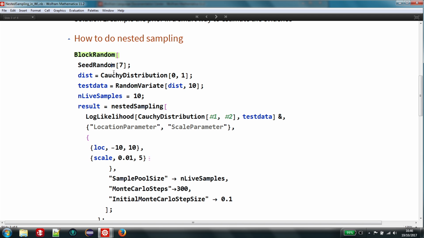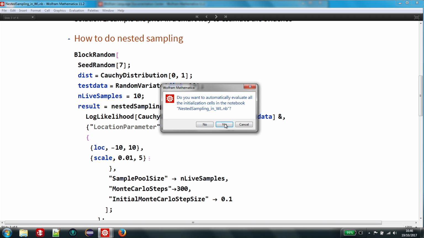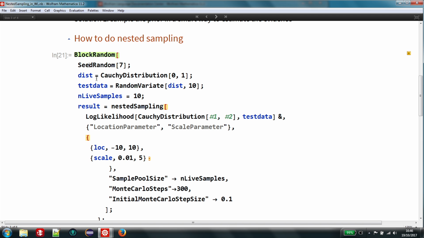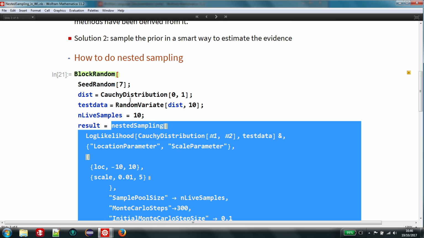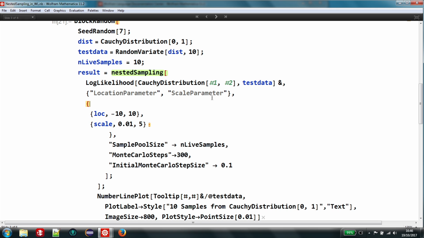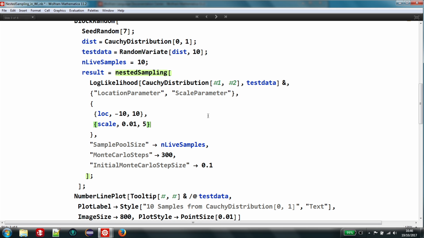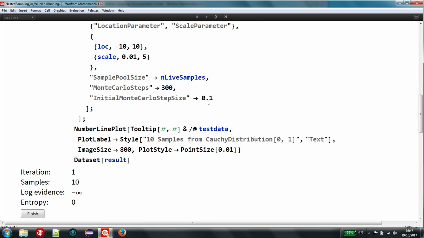Does it work? Oh, there, yes. Oh, good catch, thanks.